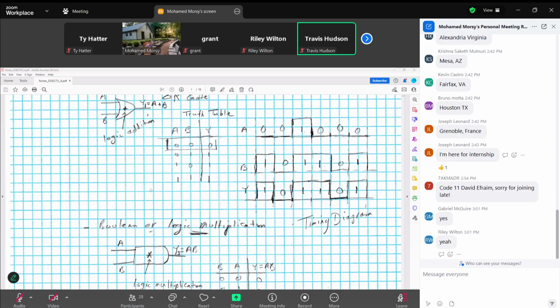So what Travis mentioned: we look at where both inputs are ones. Here A is 1 and B is 1. Do we have any other situation where A and B are both ones? No, this is the only one.